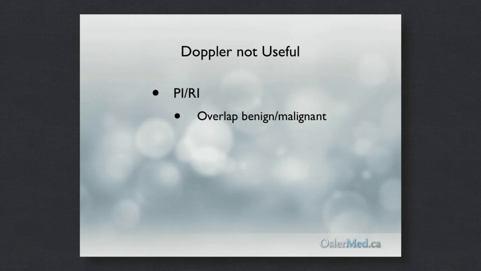And studies in general have shown that population-wise there is a tendency towards reduced pulsatility and resistive indices in malignant masses, but there's quite a bit of overlap with benign masses, and in individual patients it's probably not helpful and not worth the additional time that this assessment involves.